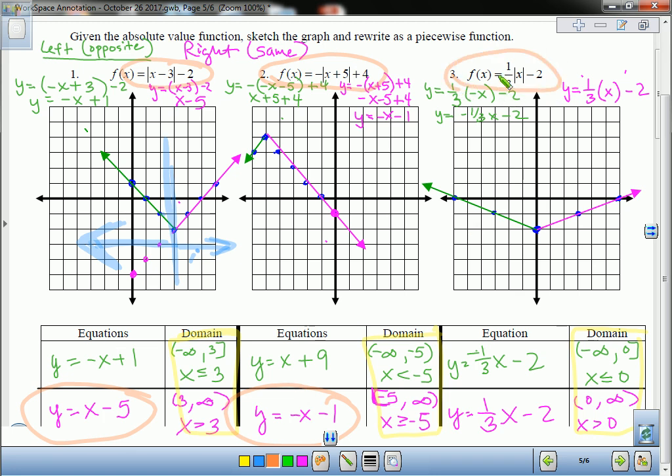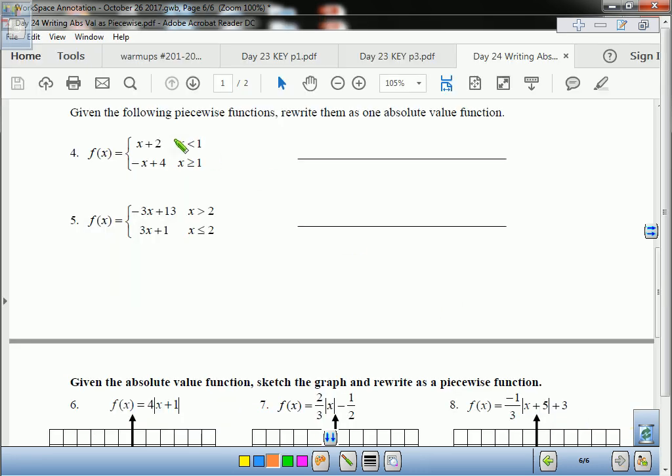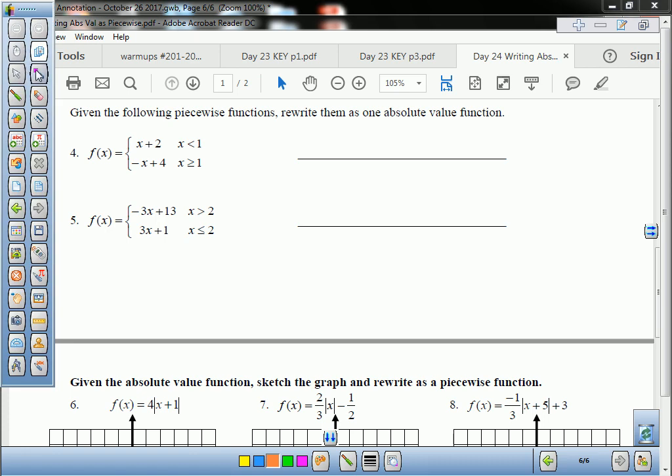Whatever was here, positive 1/3, is the same as the right side, positive 1/3. So those are the two things we need to notice. That this x in the restricted domain is the x at the translation point. And we can find this leading coefficient and whether it's positive or negative by looking at the coefficient on the right side.